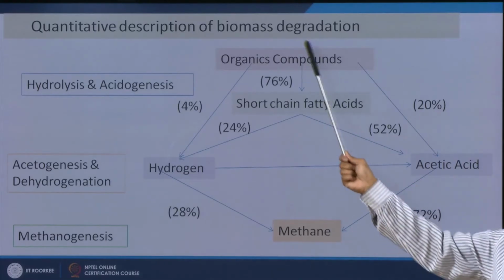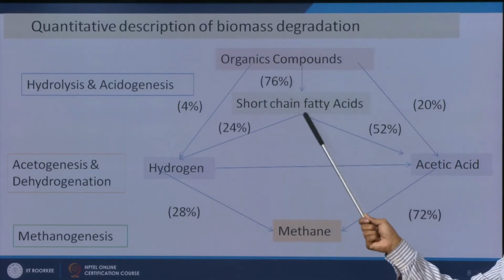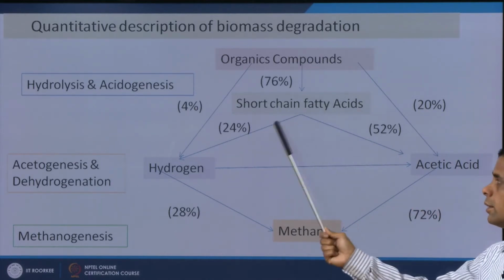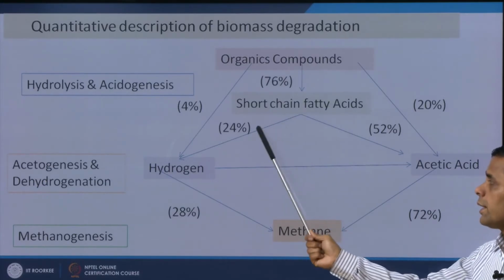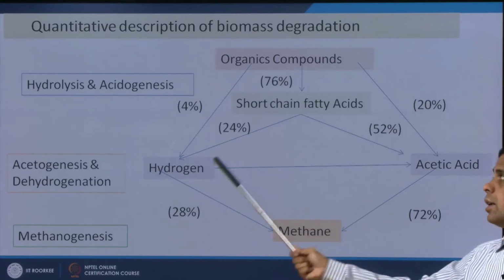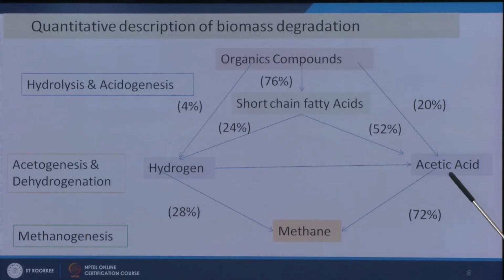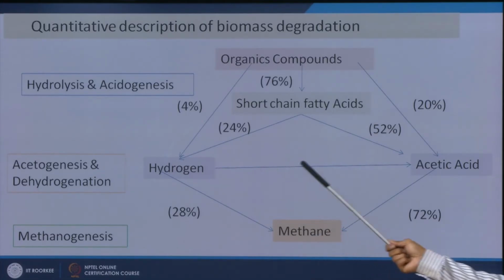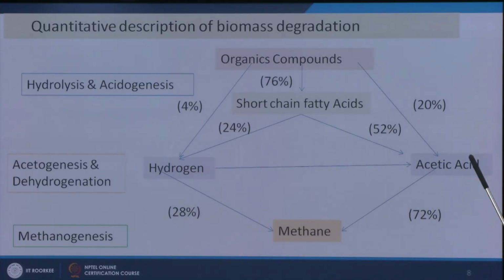If we have a total of 100% here, 76% we are getting as short chain fatty acids. Out of this 76% of short chain fatty acids, 24% is converted to hydrogen and 52% is converted to acetic acid, and there is some interchange: the hydrogen plus CO2 react to form acetic acid, and then this acetic acid gives methane.